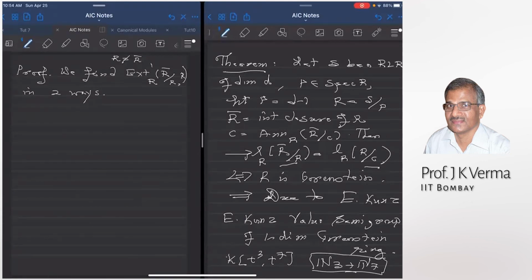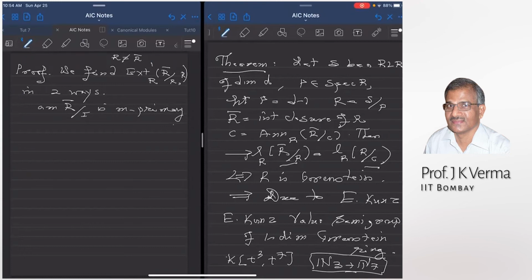Therefore the annihilator of R bar over R is M-primary. But the annihilator of this is contained in the annihilator of the Ext. So these Ext modules are also finite length modules.